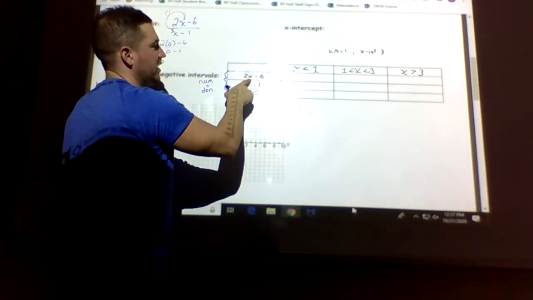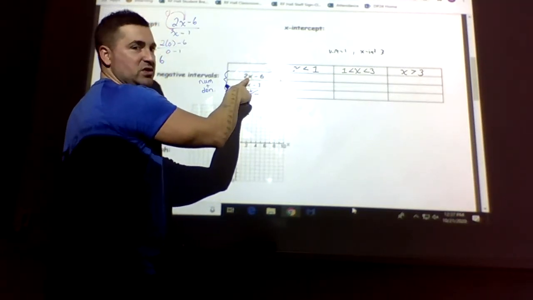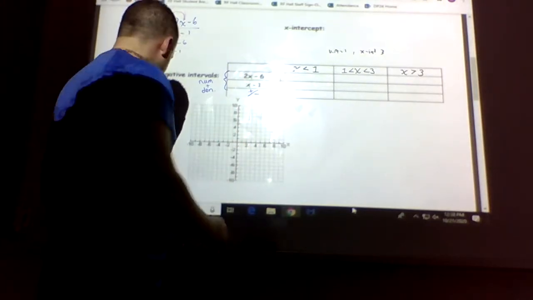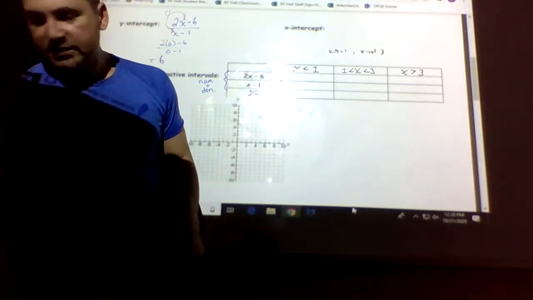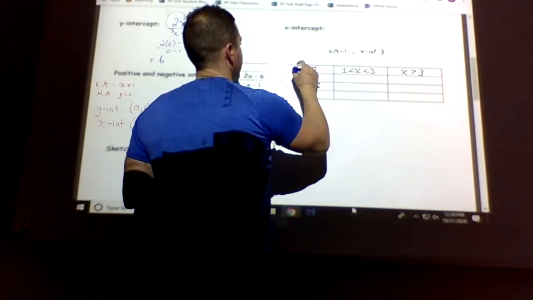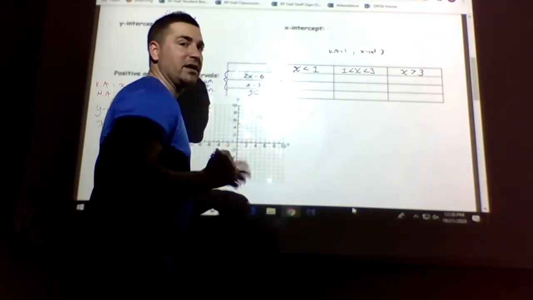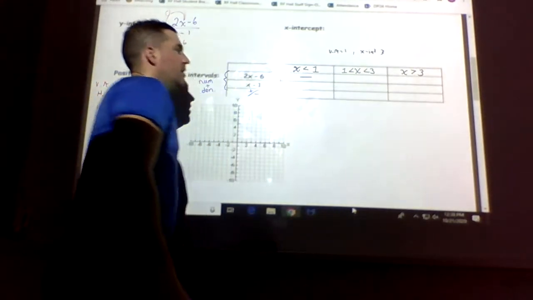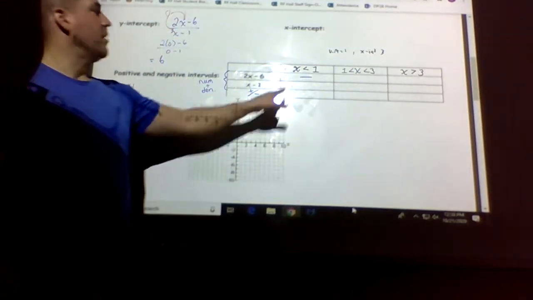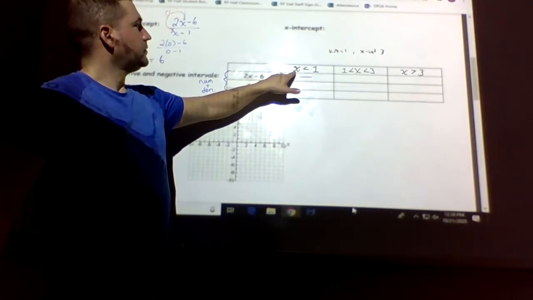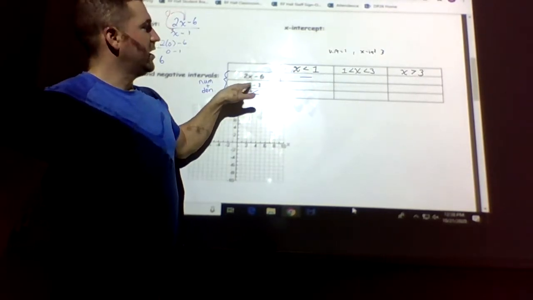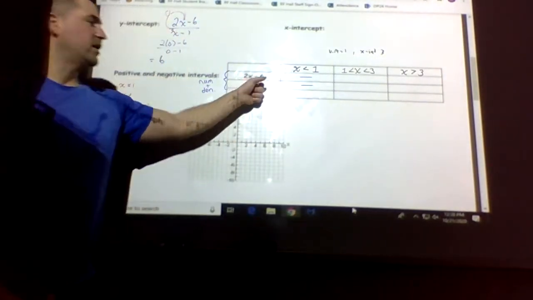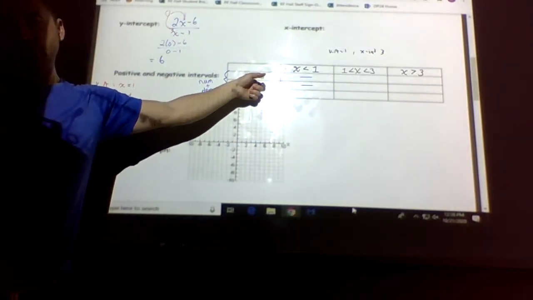If I plug 0 into here, I get 2 times 0, which is 0, minus 6, which is negative 6. So if I plug a value less than 1 into here, I get a negative answer, so I'm going to put a negative here. If I plug 0 into this one, I also get a negative answer, because 0 minus 1 is minus 1.